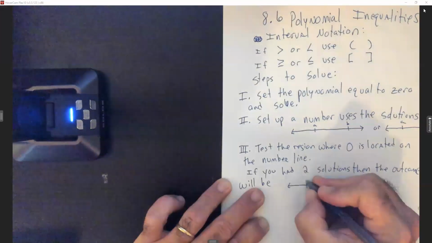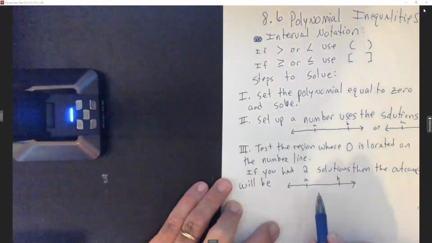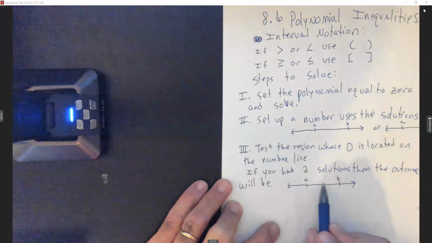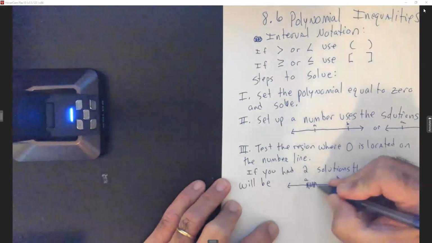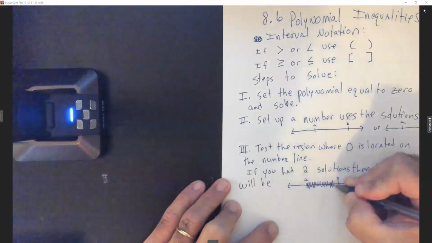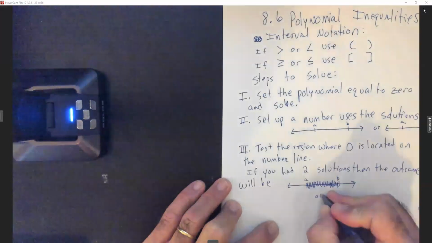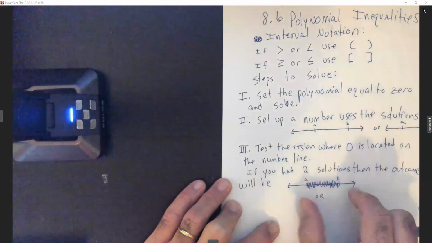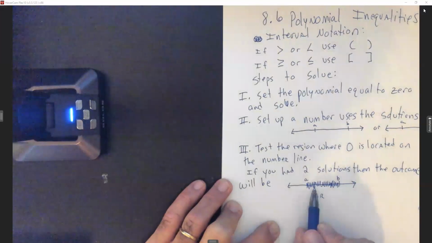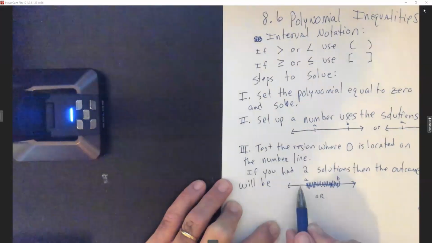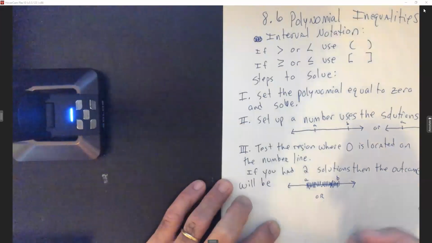With A and B. So y'all, if 0 was in the middle region and 0 was true, then I would shade in between my two numbers. And I would not shade on the outsides, okay? So it's in between them if it's true. And you cannot have two regions in a row that are the same. So not shaded, shaded, not shaded. Or, watch this.